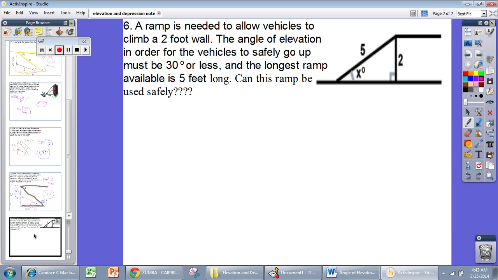Can this ramp be used safely? So what you need to do, label your triangle, and figure out which trig ratio you're going to use. We know that we have to use inverse because we're finding the angle. Once you do your trig ratio, if you get something less than 30, the answer is yes, it can be used safely. If you get something like 52, then no, the ramp cannot be used safely. Alright, so go ahead and go.